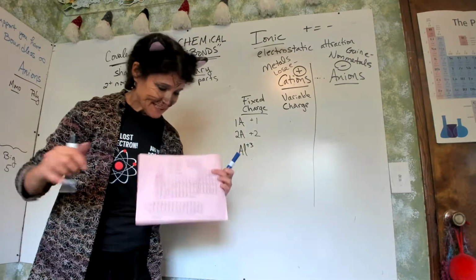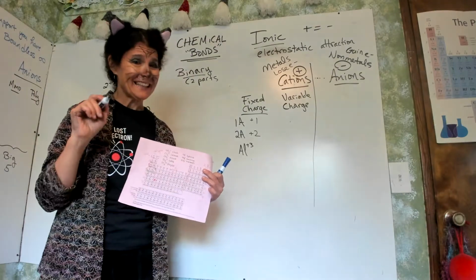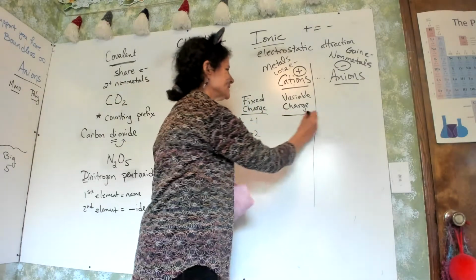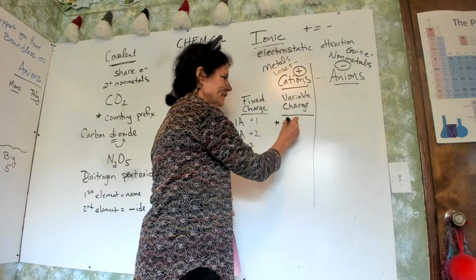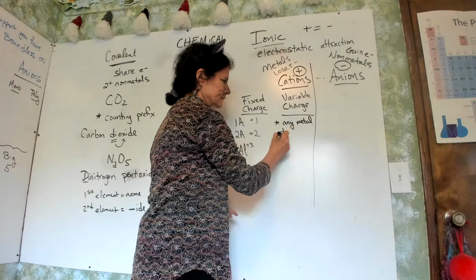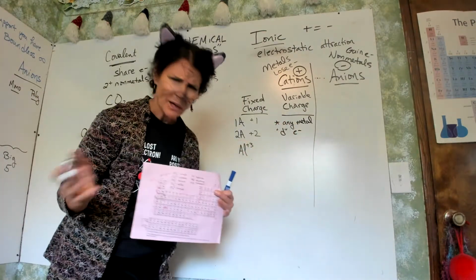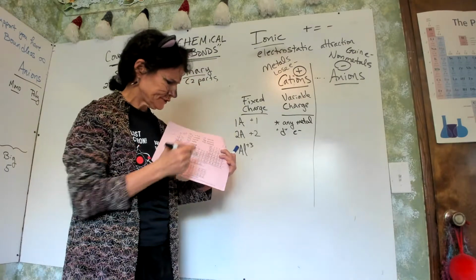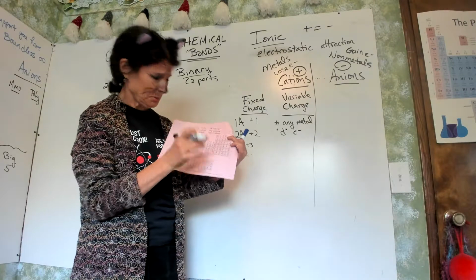It's once it has the d electron block that the variable stuff happens. So any metal that has d electrons, remember, that's why we did all that quantum stuff first. So aluminum's before it gets d, so it's too small.